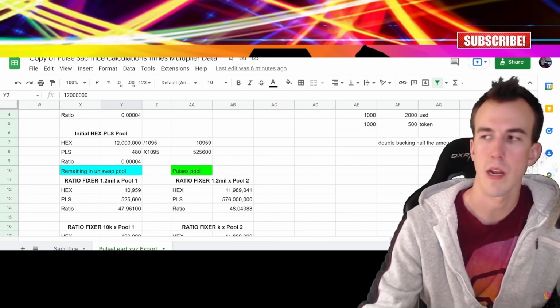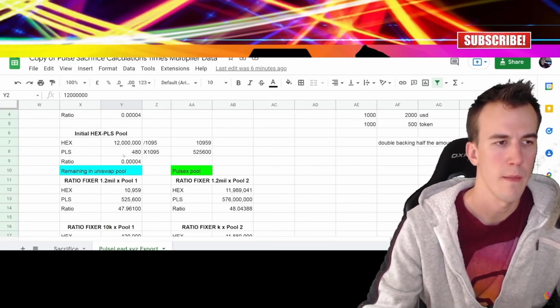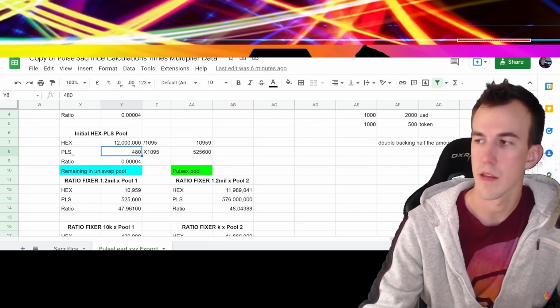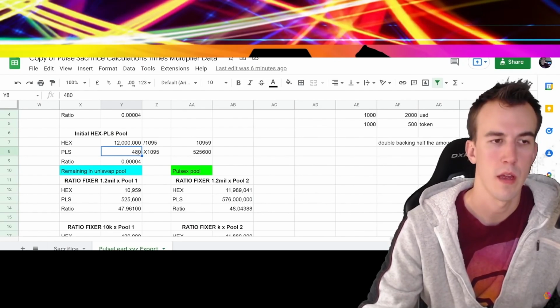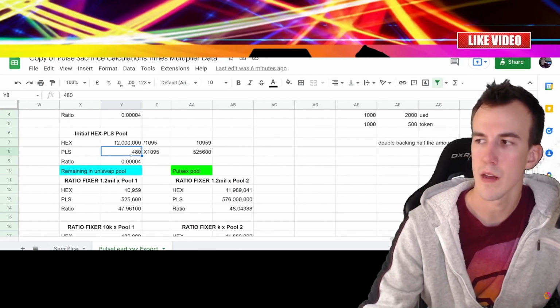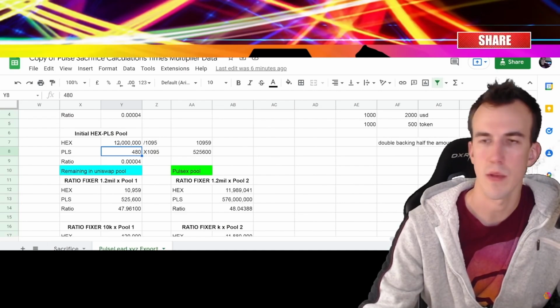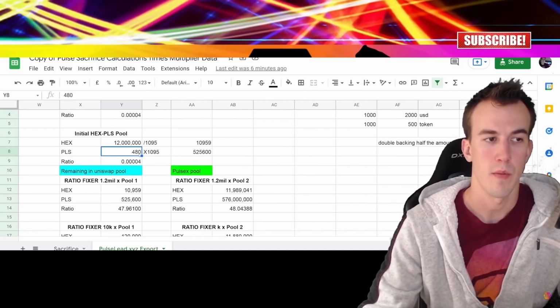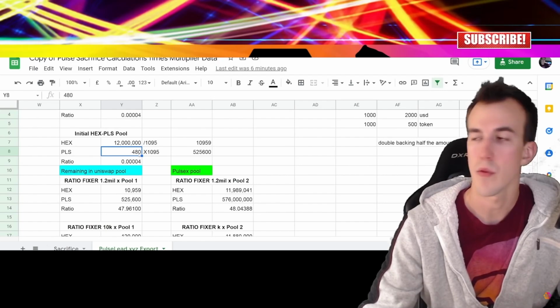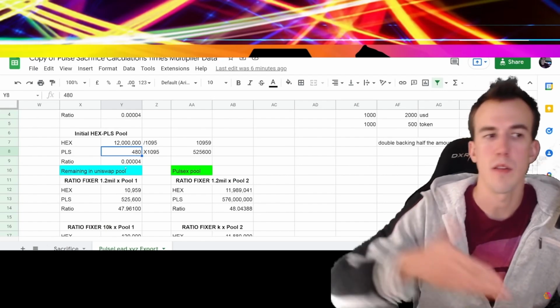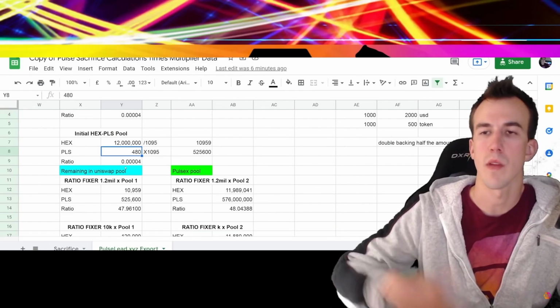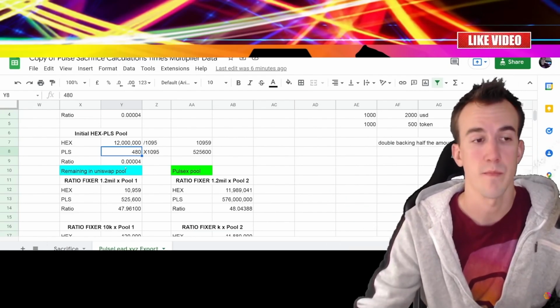Now it's technically PHEX, and then the Ethereum is now Pulse. But obviously this is not a fair amount of Pulse in this pool versus this amount of HEX, right? Because Pulse is like 1 million to 1.2 million times more plentiful than Ethereum is.